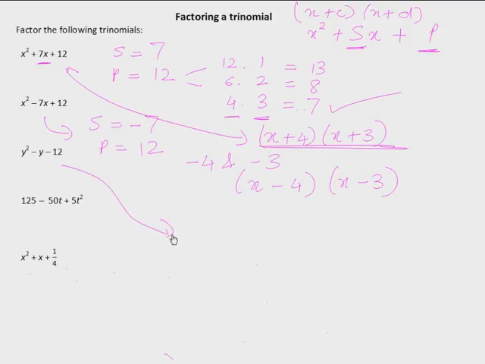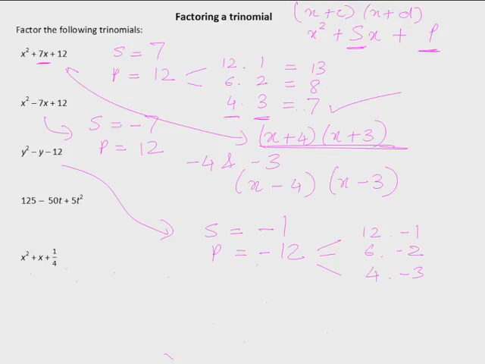How about y square minus y minus 12? So the sum is minus 1 and the product is minus 12. So let's look at the product, minus 12. So let's factorize. I can do 12 into minus 1. I can do 6 into minus 2. I can do 4 into minus 3.